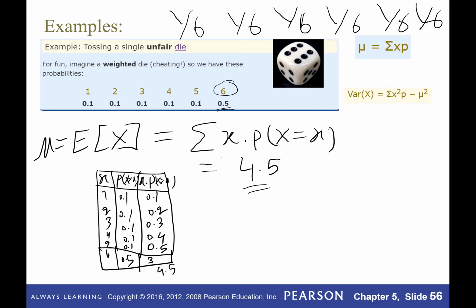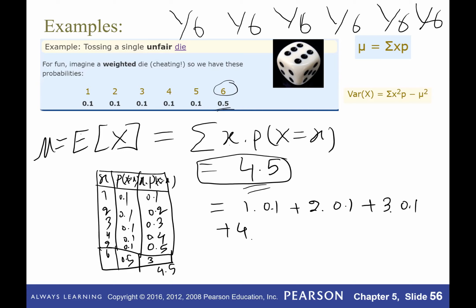Or you can also calculate it here. The first value of x is 1 times the corresponding probability, 0.1, plus 2 times 0.1, plus 3 times 0.1, plus 4 times 0.1, plus 5 times 0.1, plus 6 times, sorry, 0.5. The probability for this one is 0.5.